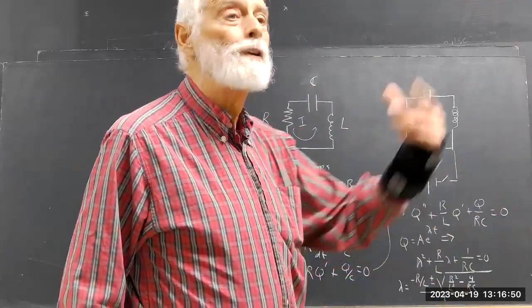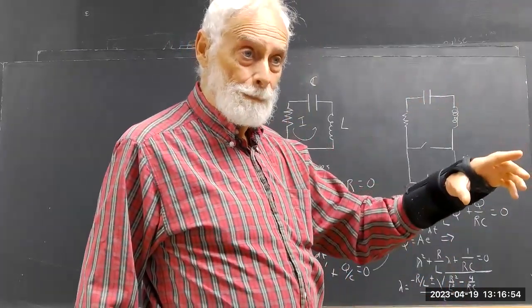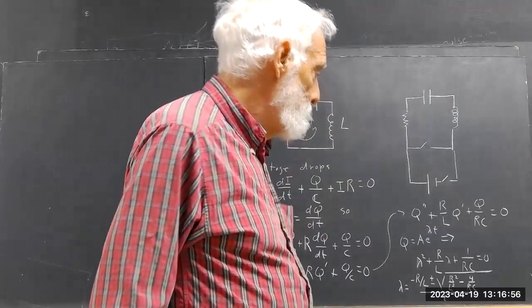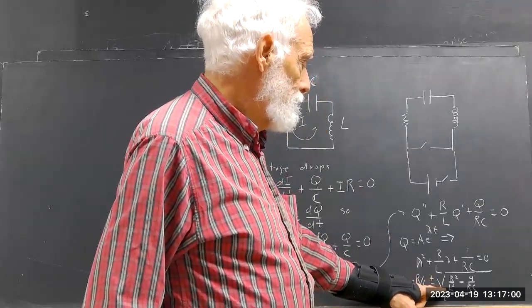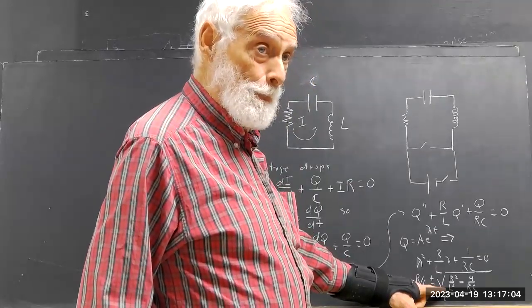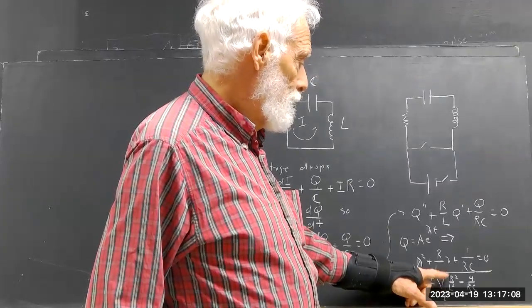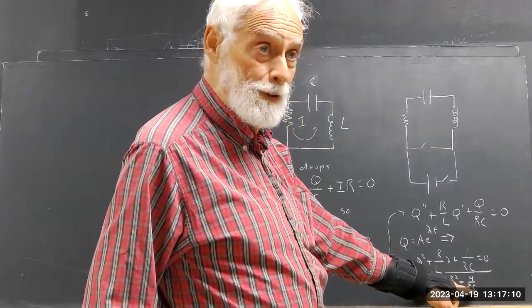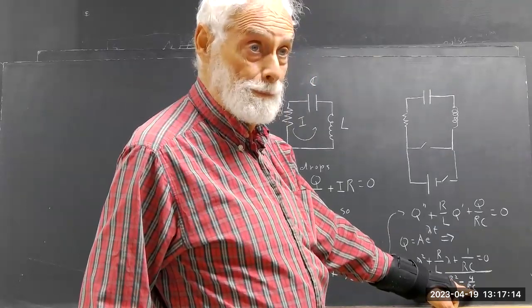And we're going to have e to the something times i. Or if L is large enough, a really high inductance, then this is going to be small compared to this. And that's again going to give us an oscillatory solution.